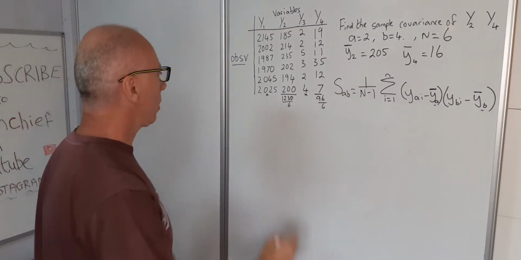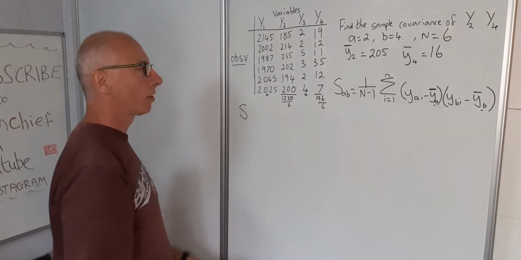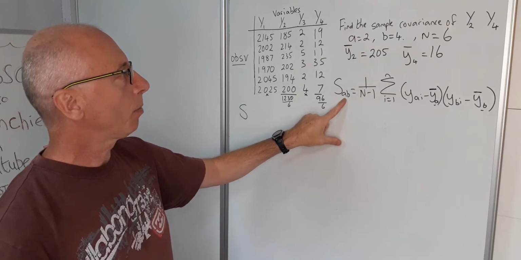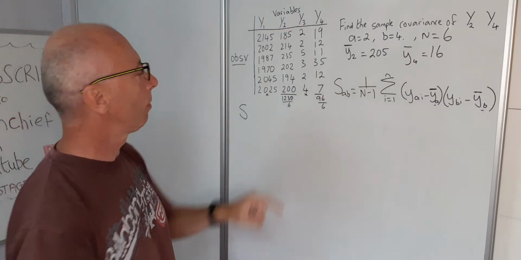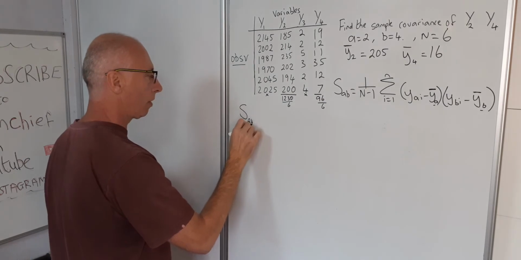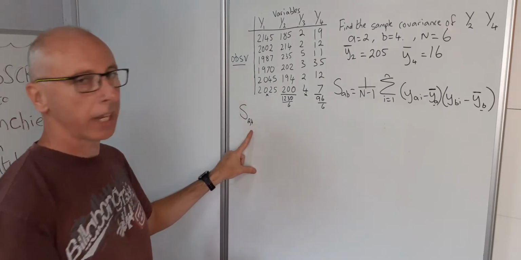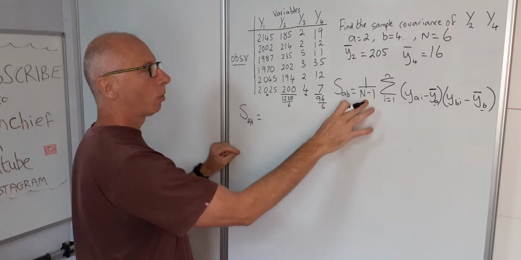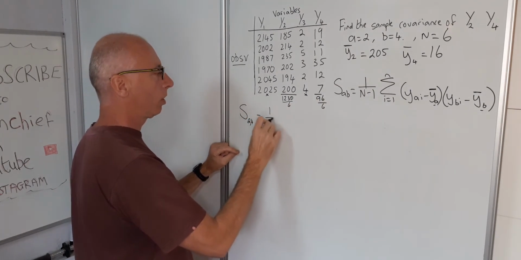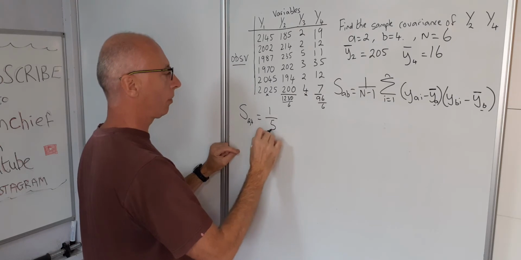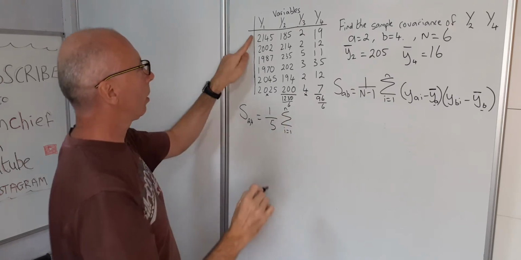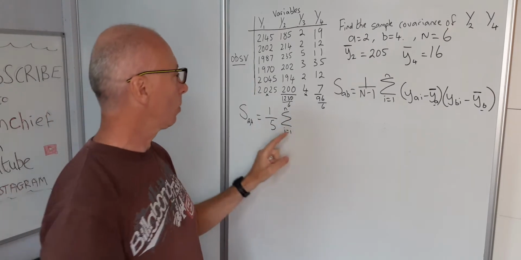Let's write this down in more concise language relevant to this question. The sample covariance of A and B, that's 2 and 4. So the sample covariance of 2 and 4, with a comma in there so it doesn't look like 24, equals 1 over n minus 1. Well, n is 6, so we're going to put a 5 in there. Then we sum them up for all of the observations, so i from 1 to 6.